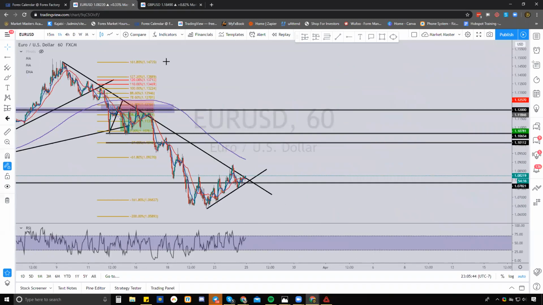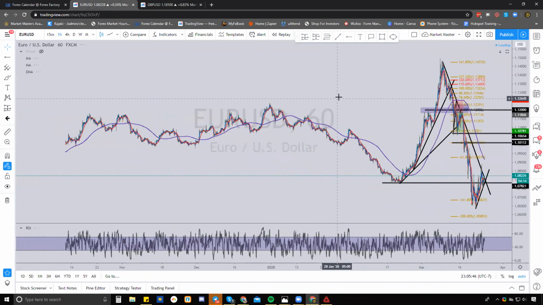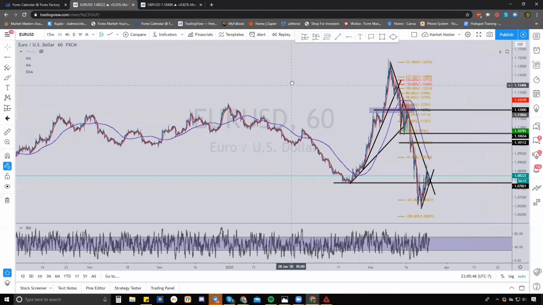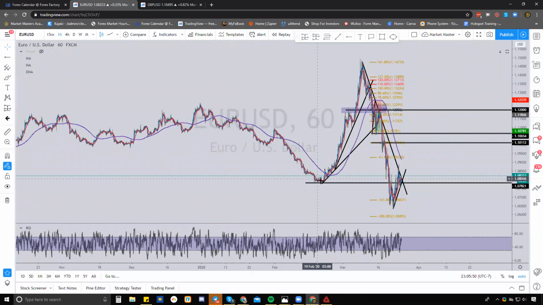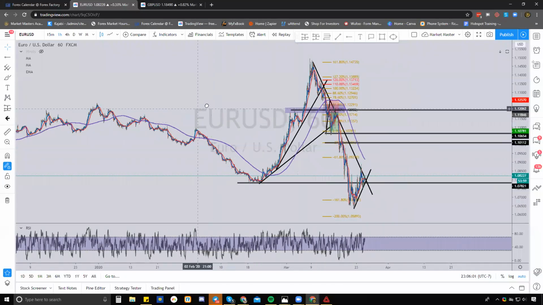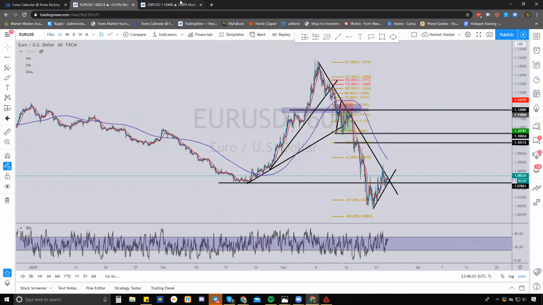Now let's look at Euro USD. Very similar. It was going into a downtrend, went up to an uptrend, large spike coming down, and then slightly coming up. Exactly the same thing. Now the volatility is different, but as far as the movement is basically the same.